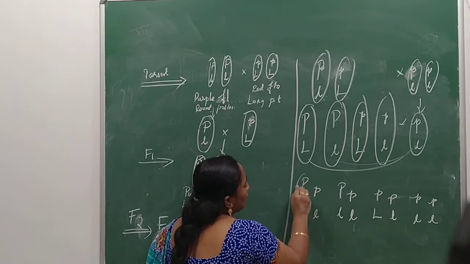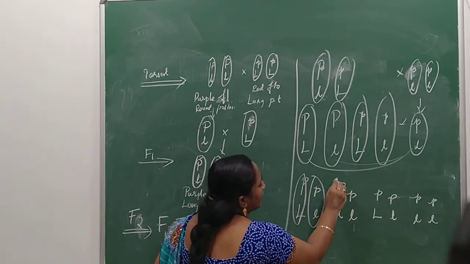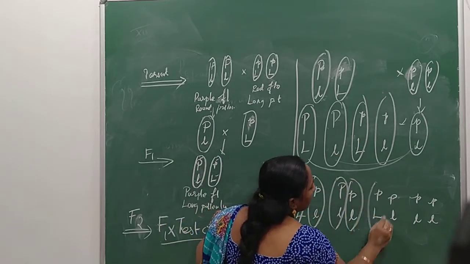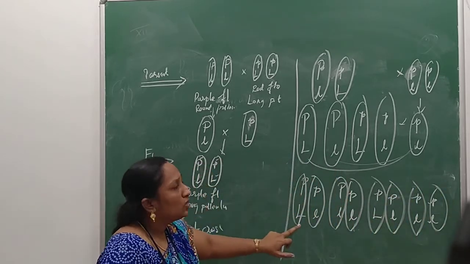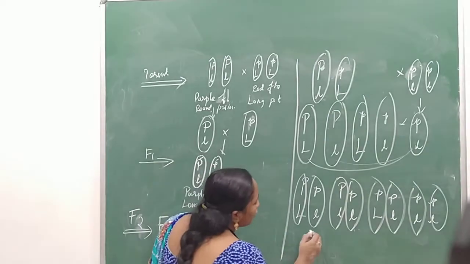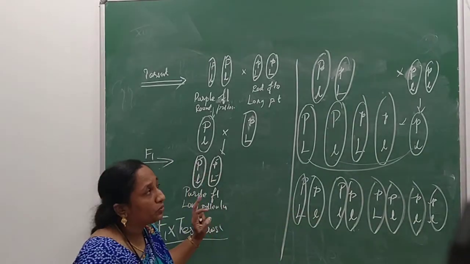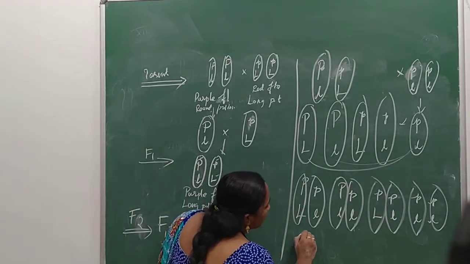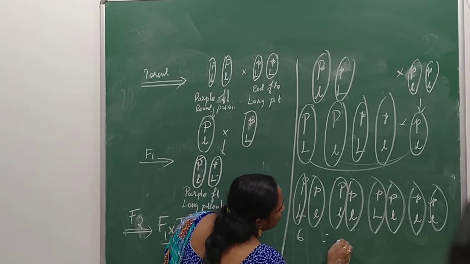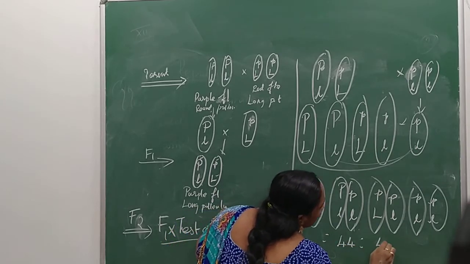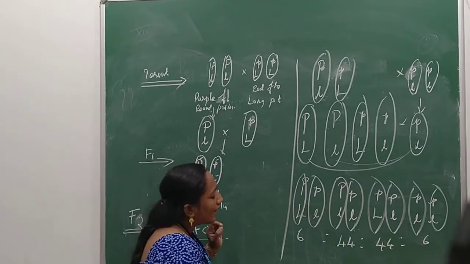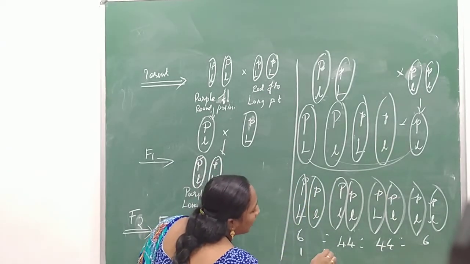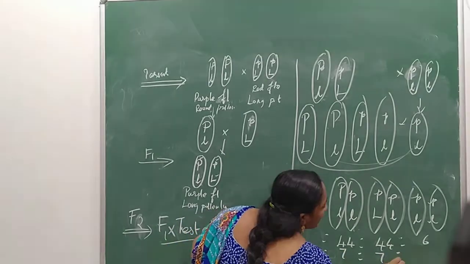So you know the physical appearance. Among that, which is dominant, you have to write the dominant. So here the ratio will be, opposite to the coupling, 6:44:44:6. This is the ratio they got. If you divide this by 6, you will get 1:7:7:1.